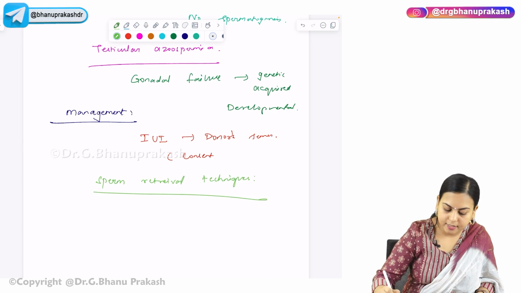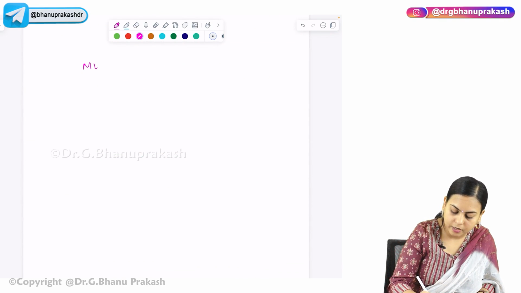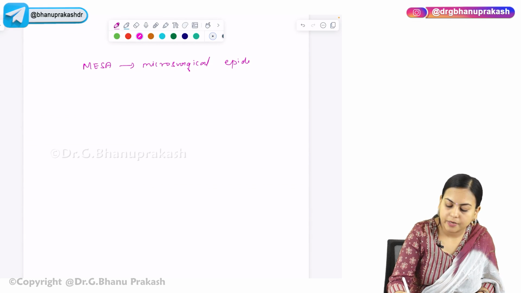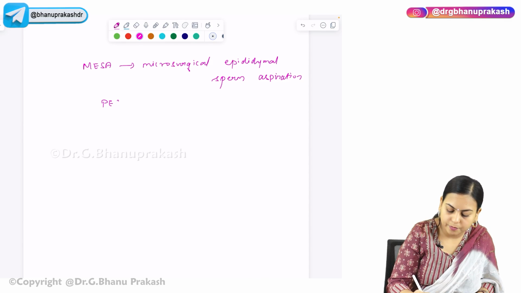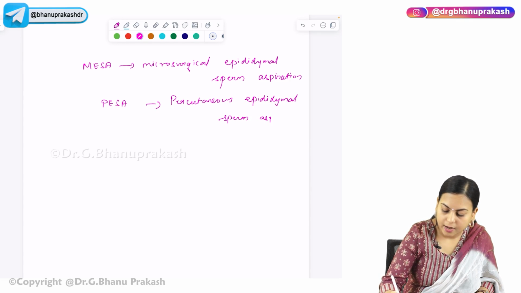Sperm retrieval techniques that can be tried include your MESA, that is microsurgical epididymal sperm aspiration. Then you have PESA, which is percutaneous epididymal sperm aspiration.